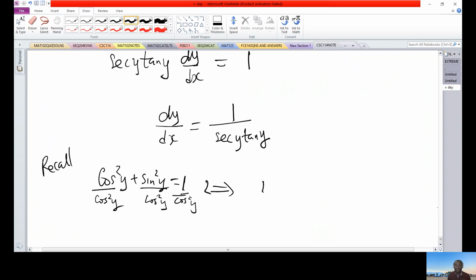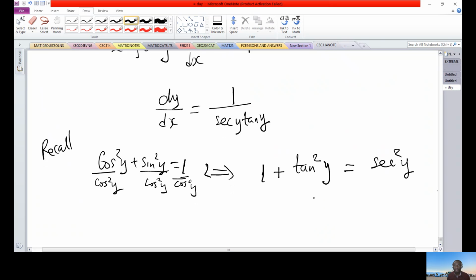So this will give us 1 plus tan squared y equals sec squared y, which tells us that sec y alone will be the square root of 1 plus tan squared y.